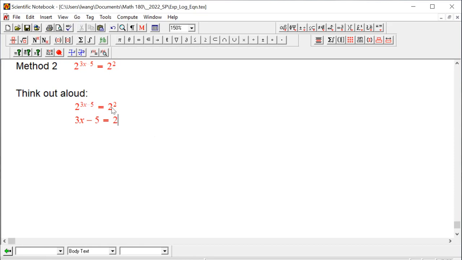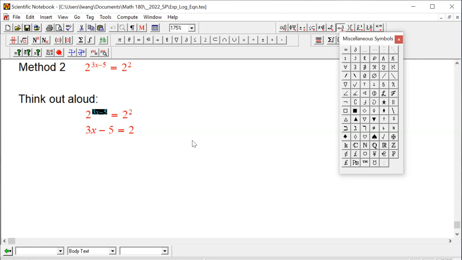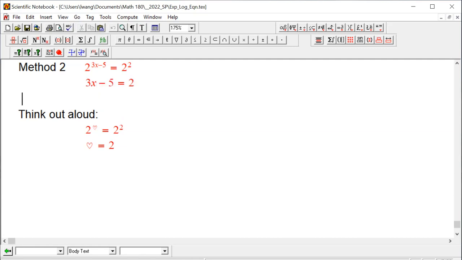Okay, so with that thinking out aloud, let me make the fonts a bit larger so you can see the negative sign. So this is my thinking out aloud, and that's what I saw. So I see this as what? As just one entity. But when I show my work, I'll just write 3x minus 5 equals 2.